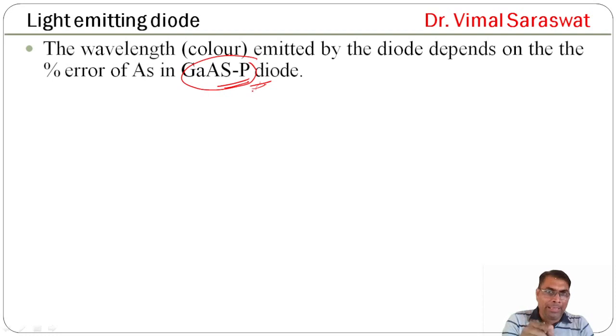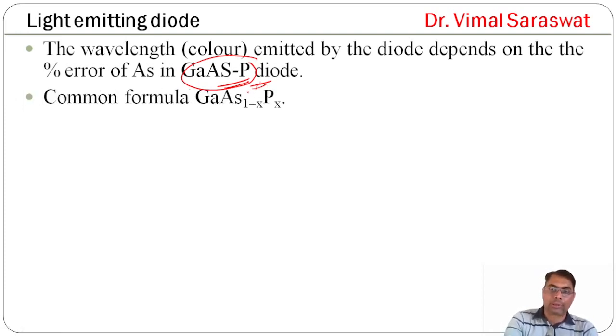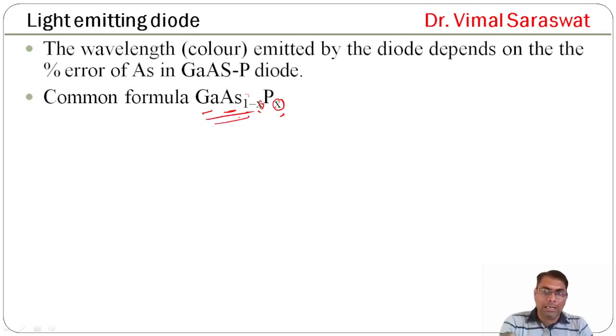The light emitted by the diode depends on this percentage of arsenic. The common formula is GaAs(1-x)Px. So we just put here the value of x and we get the formula for such a diode or such an LED.